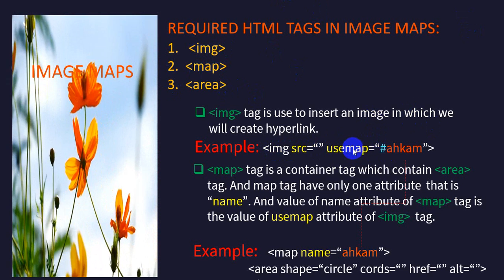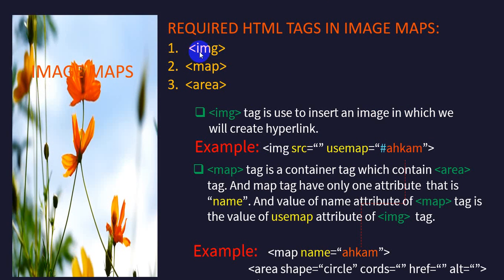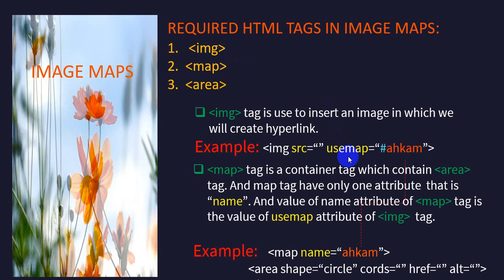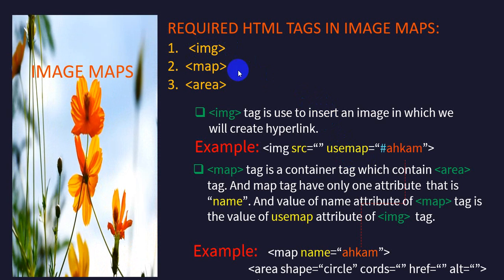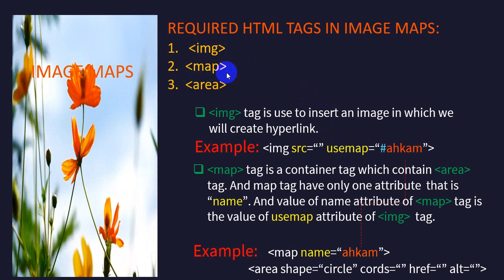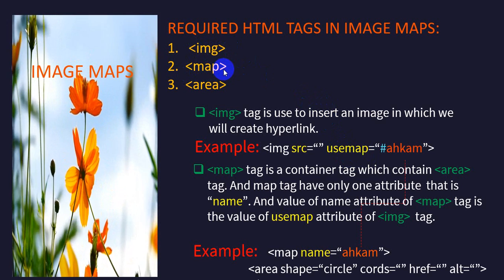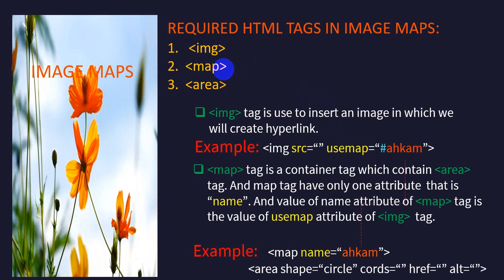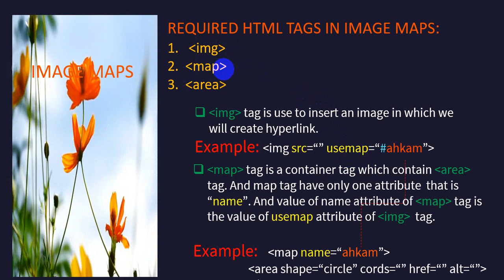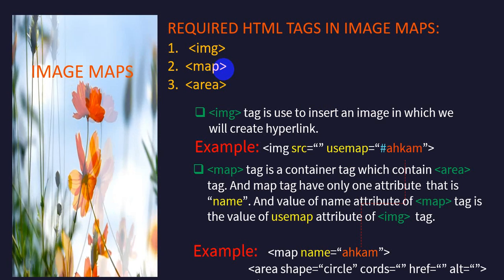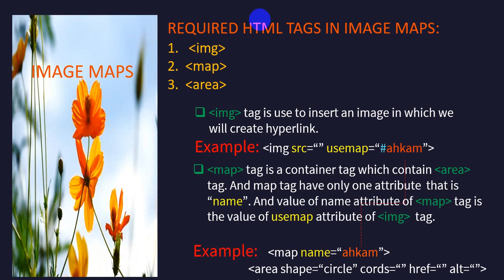So first I will insert an image and I will use the usemap attribute too. After that we need the map tag also. Why? Because the map tag is a container tag which contains different locations, different hotspots, or different hyperlinks.